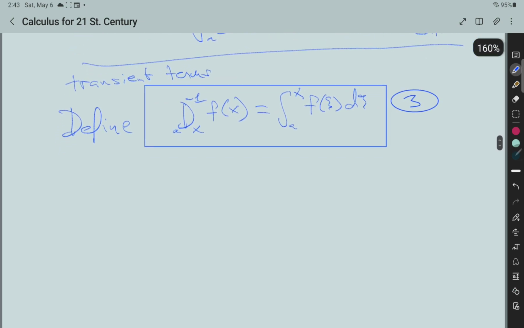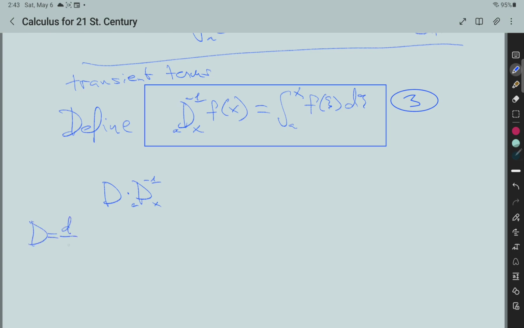Okay, so if we have that, then what does this mean when you have a d, like a derivative, on this? Remember d is by definition defined to be just the differential of x.